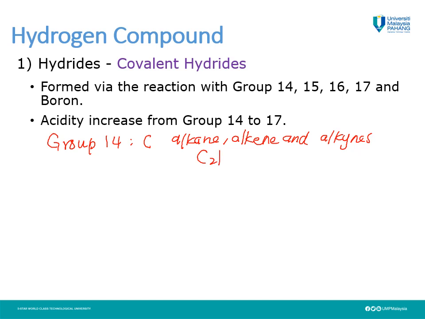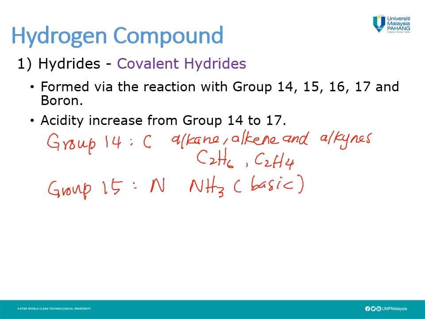For example, C2H6, C2H4 and so on. For group 15, let's say we take nitrogen as an example. It can form ammonia. Ammonia is a basic compound.